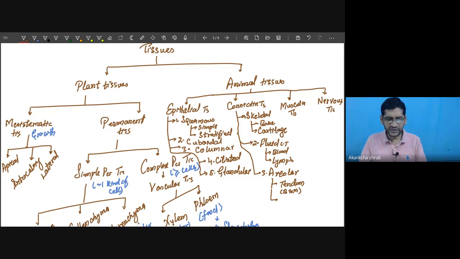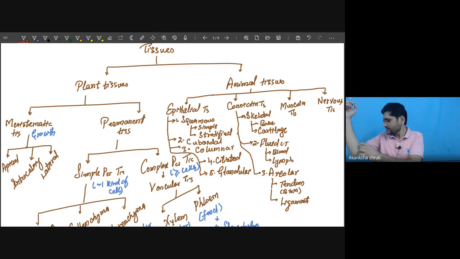Another areolar tissue is called ligament. We have joints between the bones, like the hand, the ankle, which is able to move. One part of the arm is able to move over another. While these two bones are there, for the movement, if the two bones are just touching each other, you will get a large amount of pain.